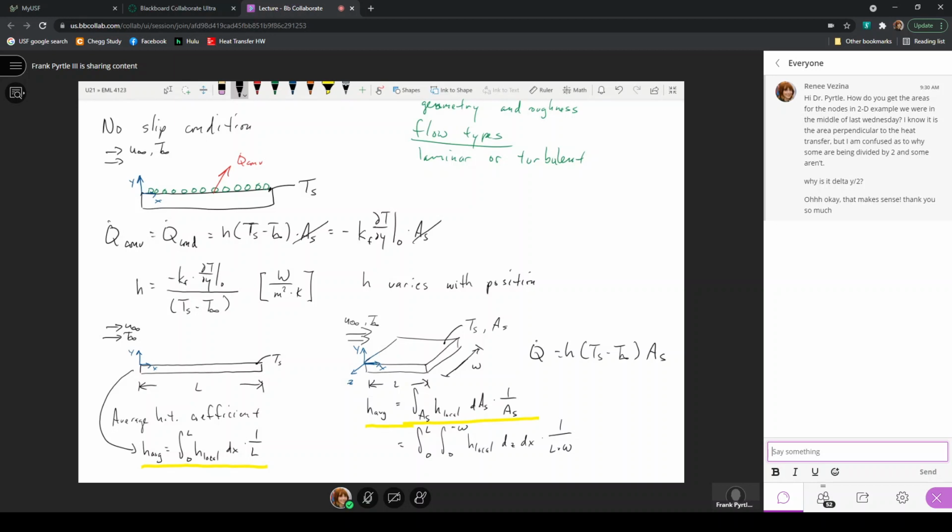And we'll get more into the depth of the correlations that are going to be associated with how you actually calculate these quantities.